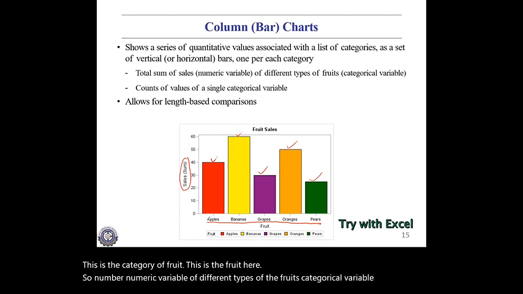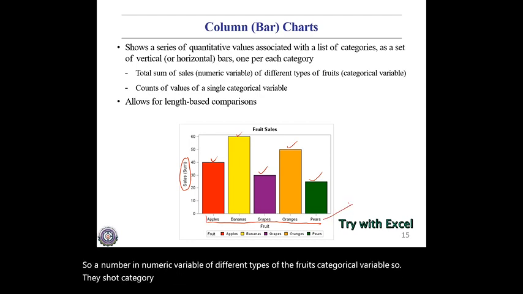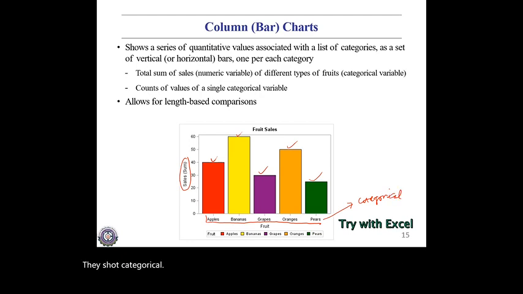So these are categorical, and this one numerical, right? And then counts of values of a single categorical variable.